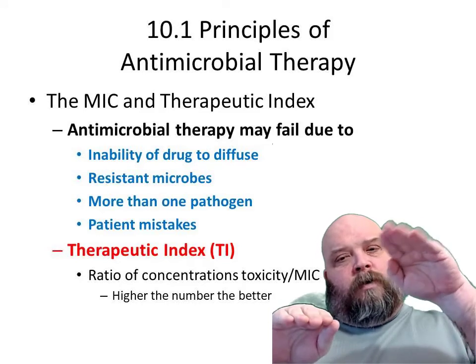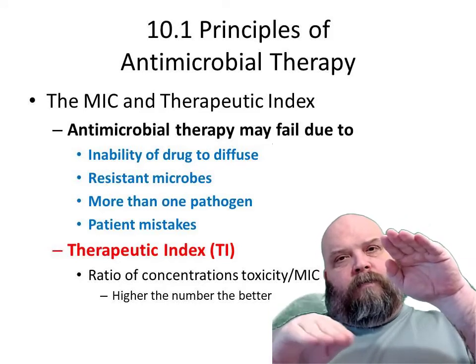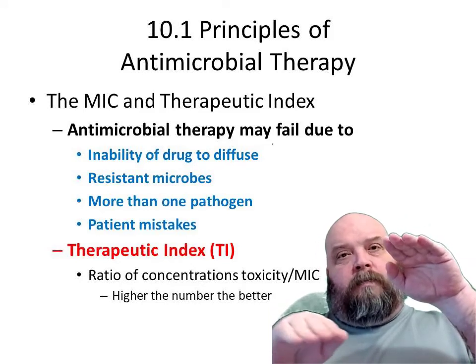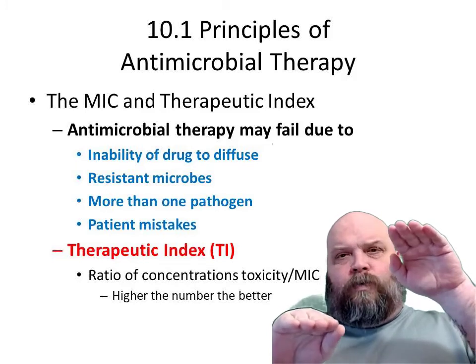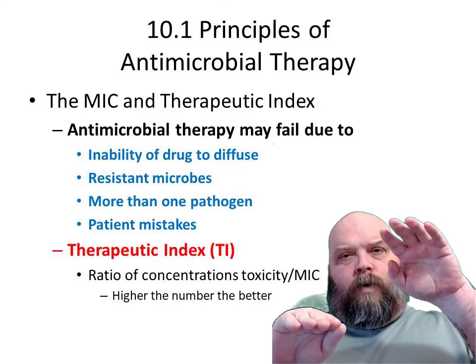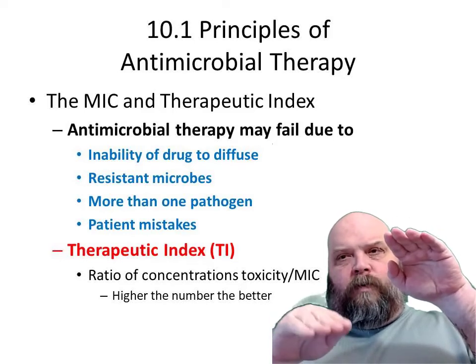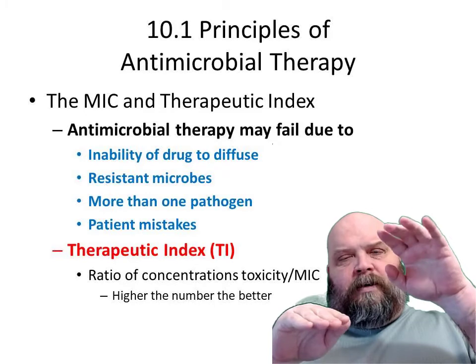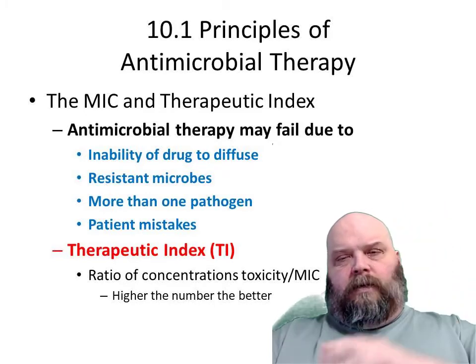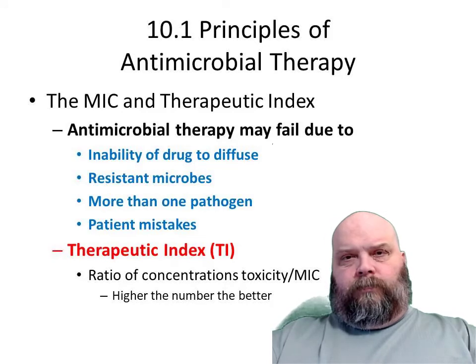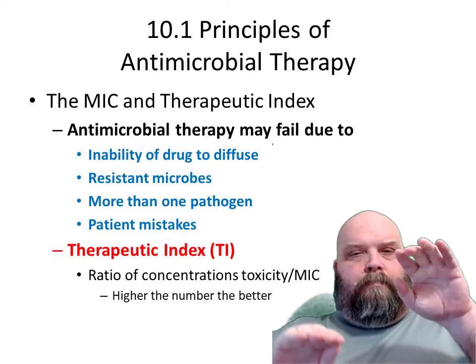That's a ratio, toxicity over therapeutic, the MIC, minimum inhibitory concentration. That's a ratio of 10 to 1. For every 1 milligram, you have to go 10 times higher to get toxic. 5 to 50. Higher the number, the better.